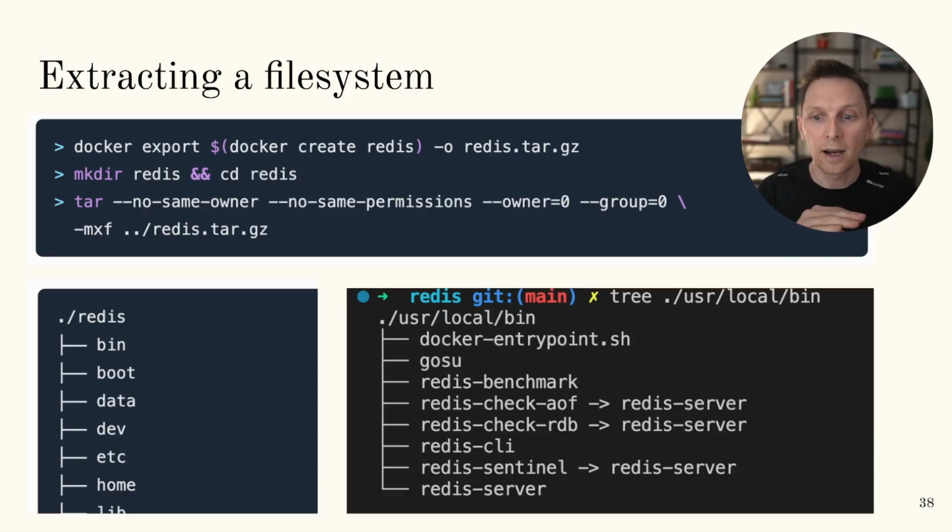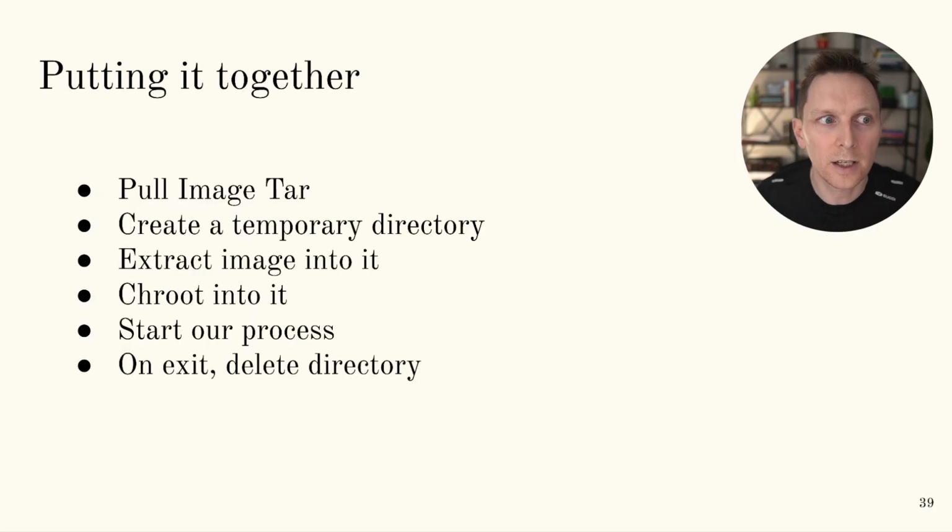I'm getting somewhere. Then I take a look in the user local bin folder. I can see here are all my Redis startup programs. And then believe it or not, we're getting very close to having a working Docker runtime, because what we can do, right, is we use this to pull an image tar. Then we create a temporary directory, extract all of that into it, all my Redis file systems.